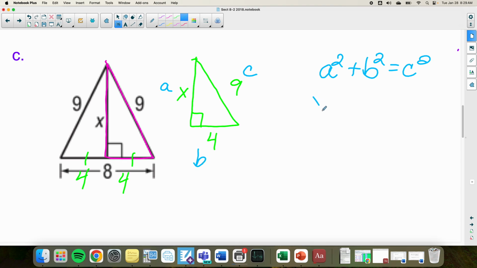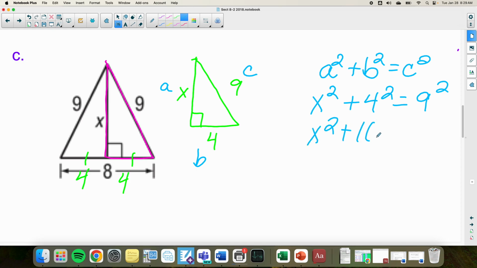So I'm gonna go x squared plus 4 squared equals 9 squared. So if you're punching that into your calculator, make sure that you realize you don't always just add them together and take the square root.